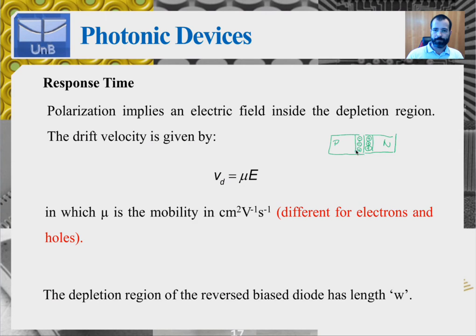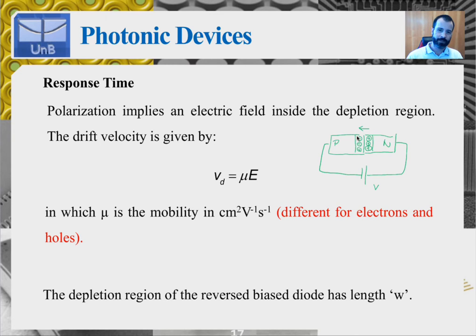And if we reverse bias this device, we'll have an additional voltage applied across the PN junction in this direction, which produces an electric field in the same direction as the electric field generated by the immobile ions in the depletion region.